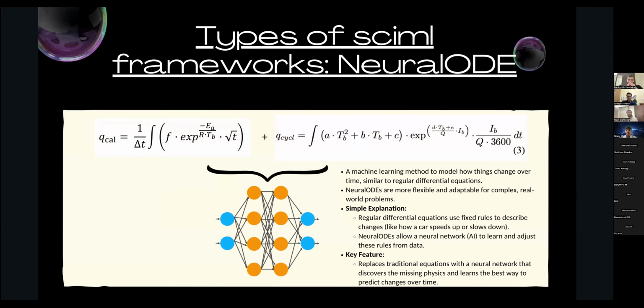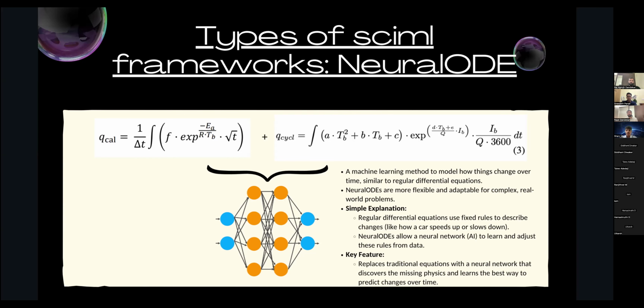Neural ODEs are a way to use machine learning models to learn how things change over time, similar to regular differential equations, but with a small twist. In simple terms, imagine a regular differential equation is a set of rules telling you how something moves or evolves, like how a car speeds up or slows down, or how a battery degrades.